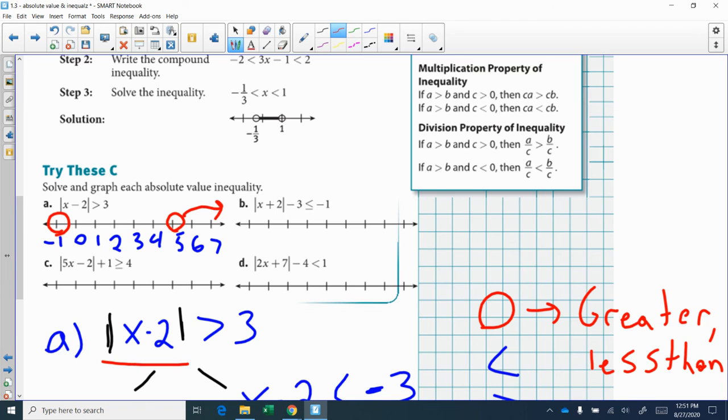I want to go to all the numbers that are lower than -1. Well, to the right of it, 0, 1, 2, 3, 4 are all bigger. So what I want to do is I want to point the other direction. My arrow is going to be pointing to the left, where all the numbers lower than -1 are, which are -2, -3, and -4, and so forth. Okay? And that is basically how we solve that problem out.